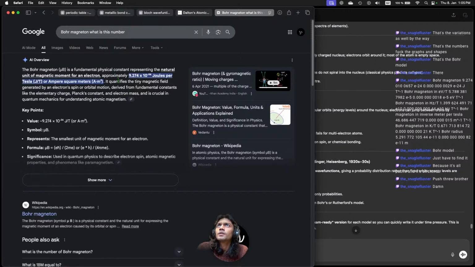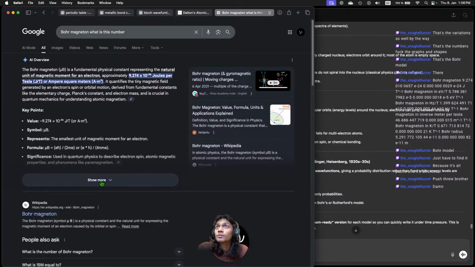Okay. It's a fundamental physical constant representing the natural unit of magnetic moment for an electron. It quantifies the tiny magnetic field generated by an electron spin. Oh, okay. So you're telling me this number is shown by almost everything out there.